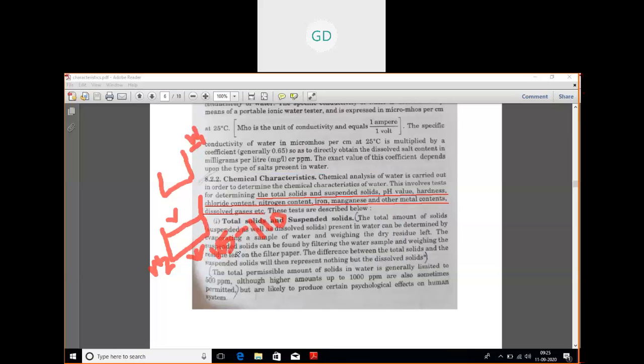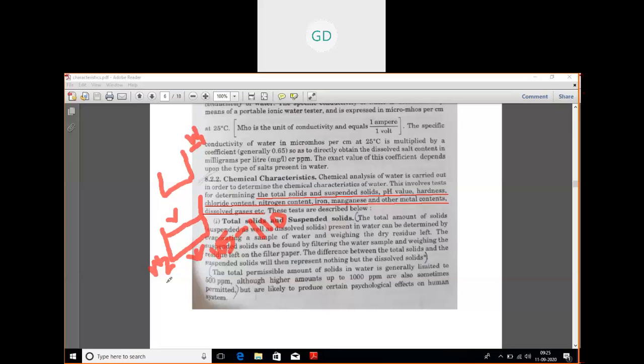So you have taken an empty beaker, weighed it, poured V mL of water sample, then heated it at 105 to 110 degrees Celsius.